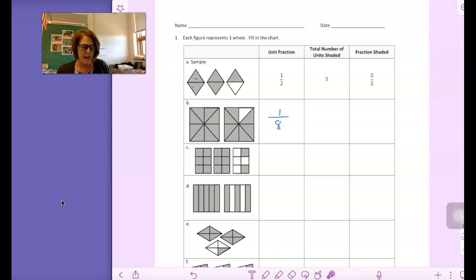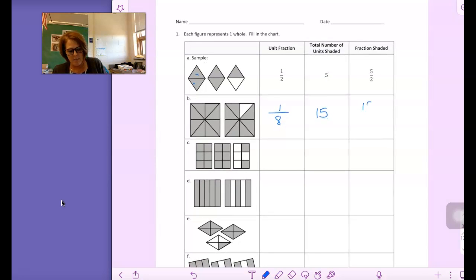Or you can say, I know that 8 minus 1 is 7, so 8 plus 7 shaded spots is 15. And the fraction amount that is shaded here: the numerator is how many parts are shaded, which is 15, and the denominator is how many equal parts we have in each shape, which is 8.